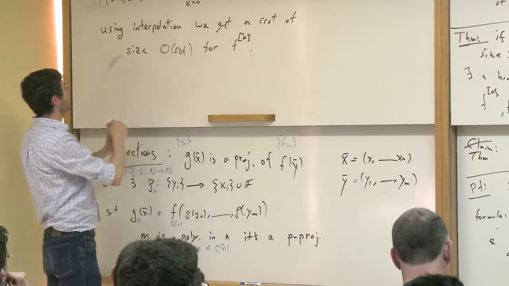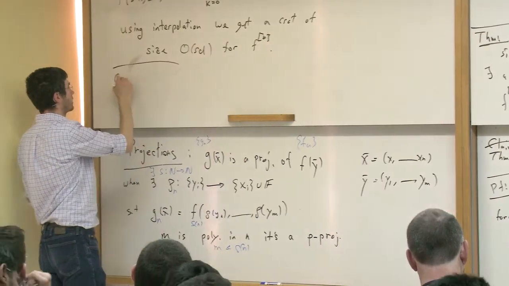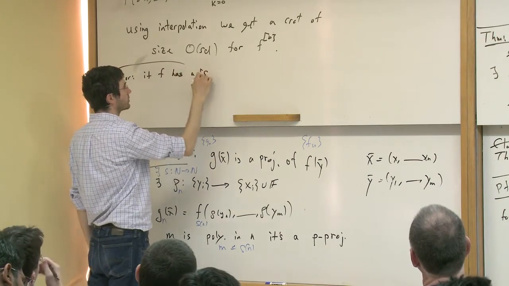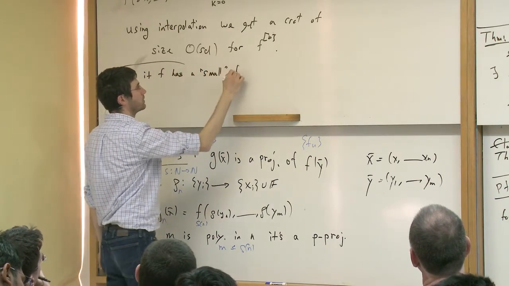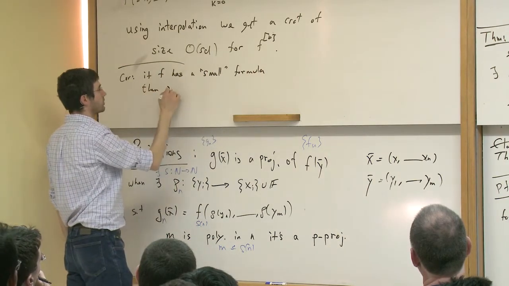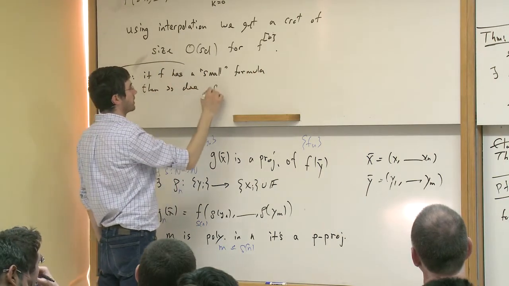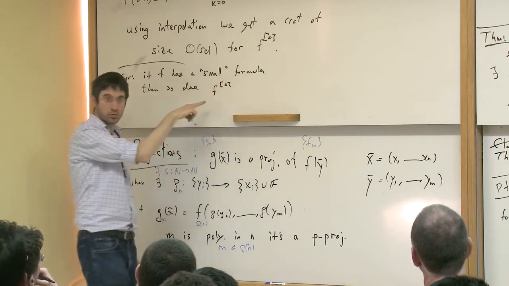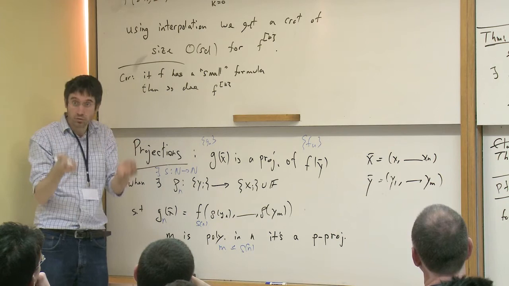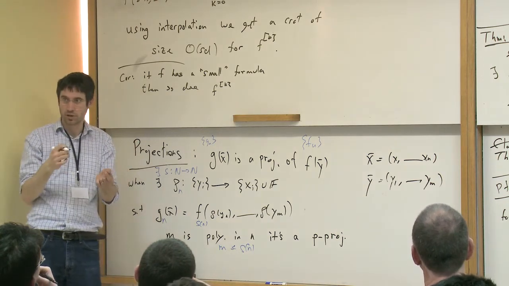So, let's say corollary: if f is a small formula, then so is f k. But this formula is not going to be homogeneous. It's just a formula that computes the homogeneous part.